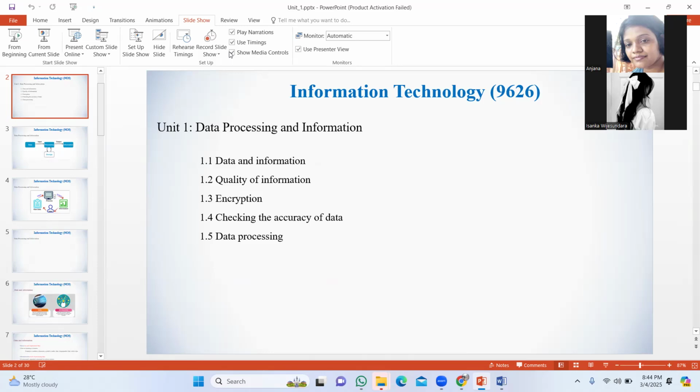There is also a data dictionary. For normalization, you have first, second, and third normal form. They will give a data table and ask, can you make it third normal form? No issue, you can work it out daily. Whatever you learn, do it daily and rewrite again and again.